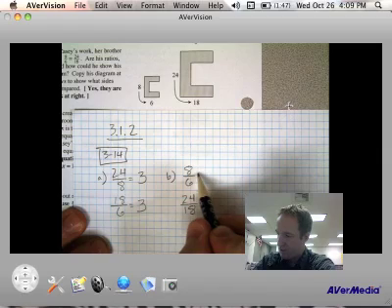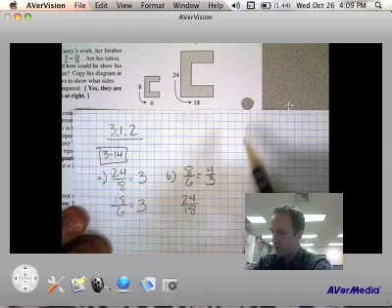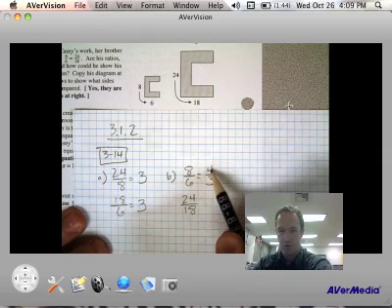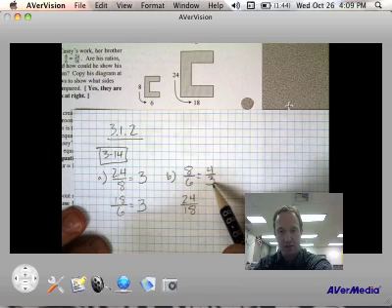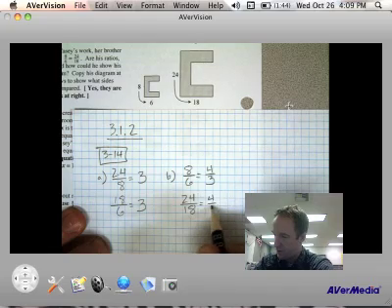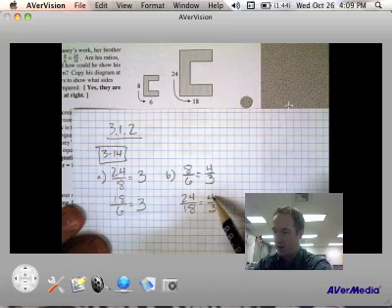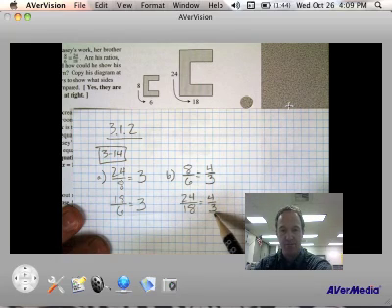When you reduce these fractions, this one reduces to 4/3: 8 divided by 2 is 4, 6 divided by 2 is 3. This one also reduces to 4/3: 24 divided by 6 is 4, and 18 divided by 6 is 3.